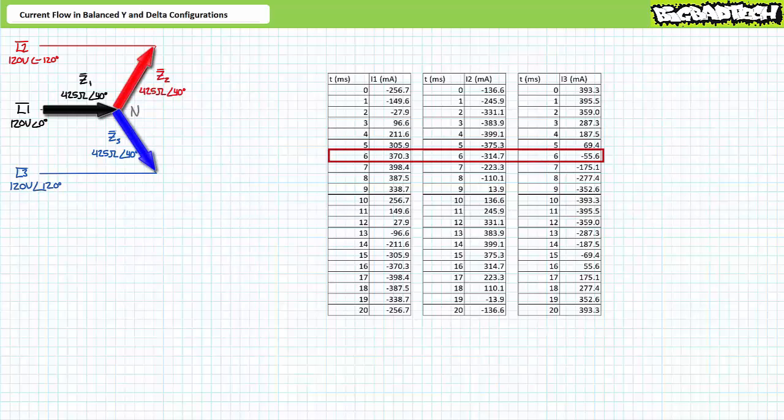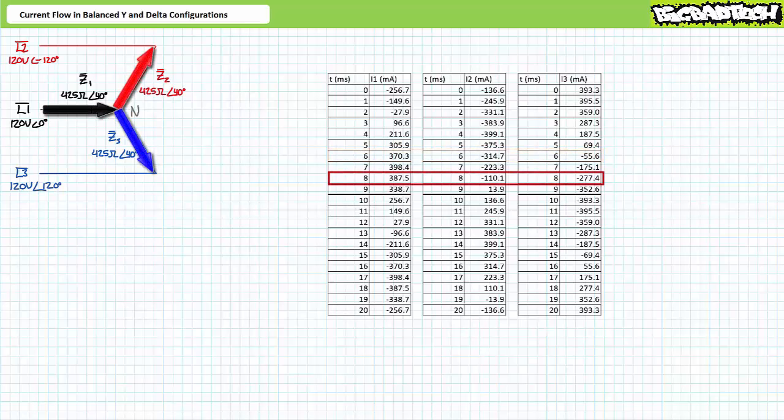At time t equals 6 milliseconds, 370.3 milliamperes is entering the Y via impedance element Z1. 314.7 milliamperes is leaving the Y via impedance element Z2, and an additional 55.6 milliamperes is leaving the Y via impedance element Z3. 370.3 does indeed equal 314.7 plus 55.6.